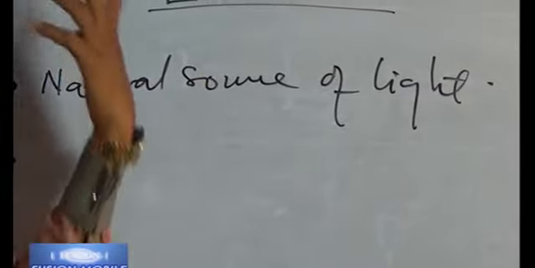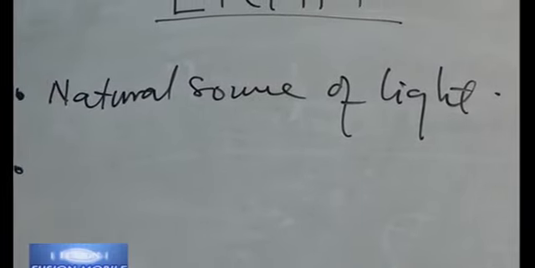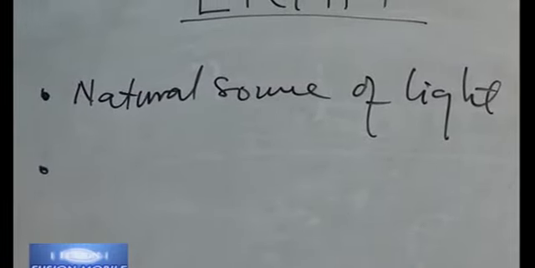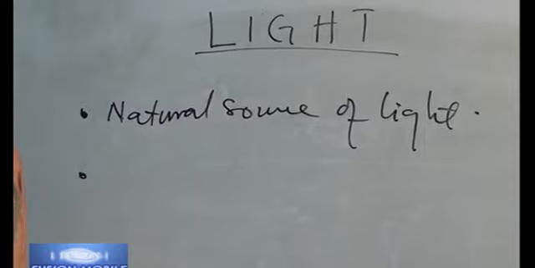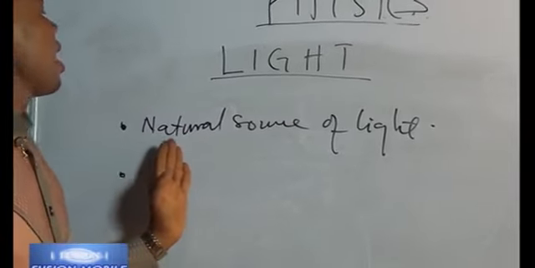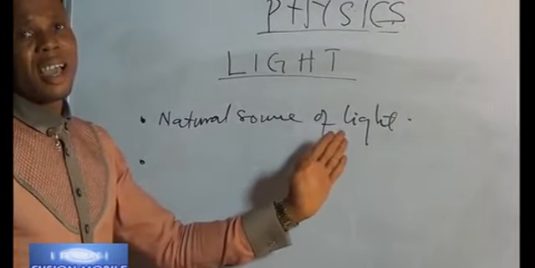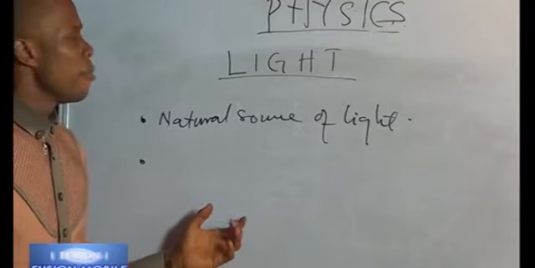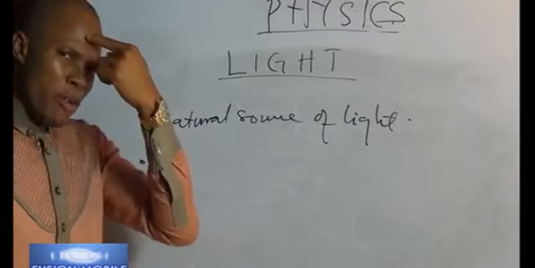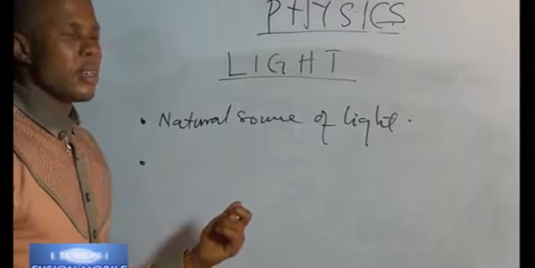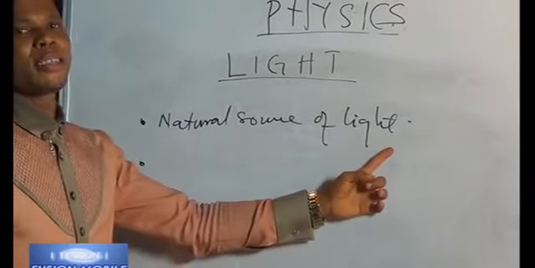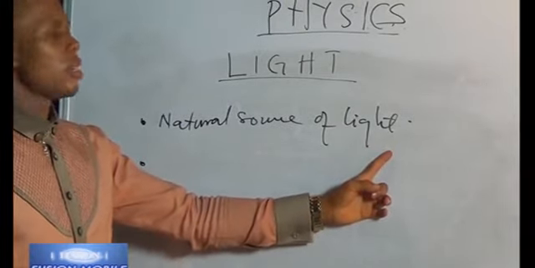Example, the sunlight, the moon, the stars, glow insects, glow worm. All these are natural sources of light and they are not made by man. My dear, do you know that the human forehead is a source of light, and is a natural source of light? We are coming to explain that.